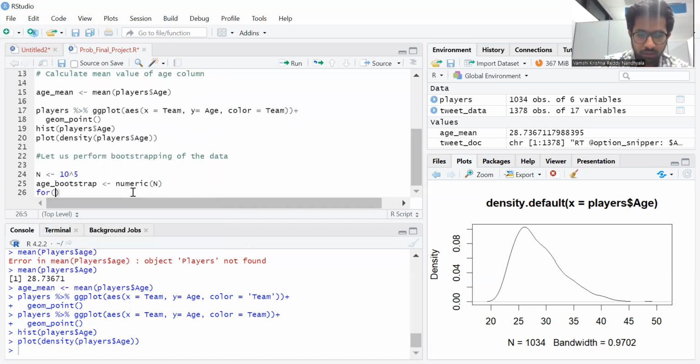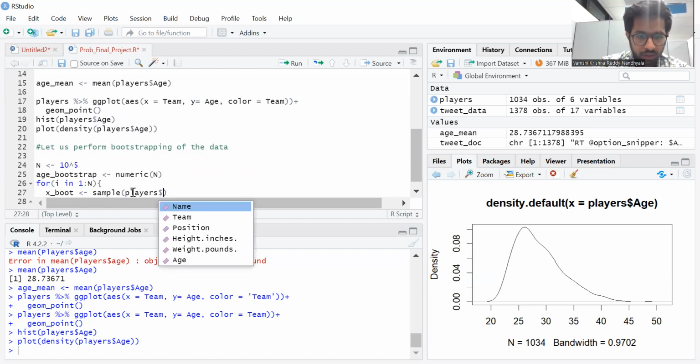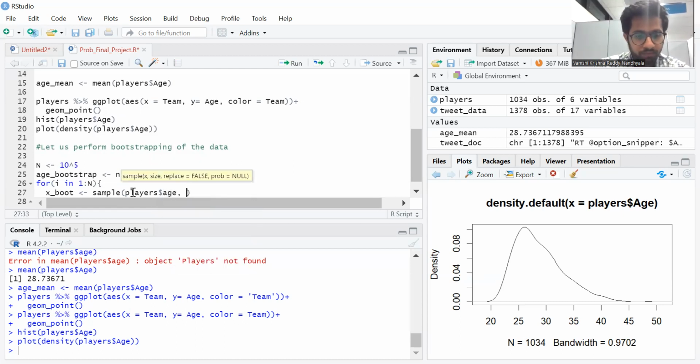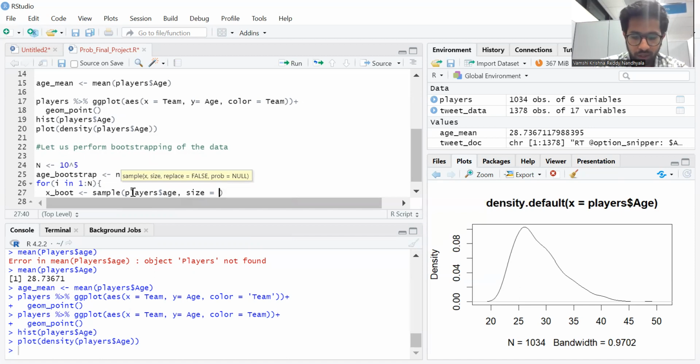For i in 1 to n, x underscore boot equals sample of players dollar A, comma, we are going to give the size of the data set, like the size of the column, how many values are present in that particular column.